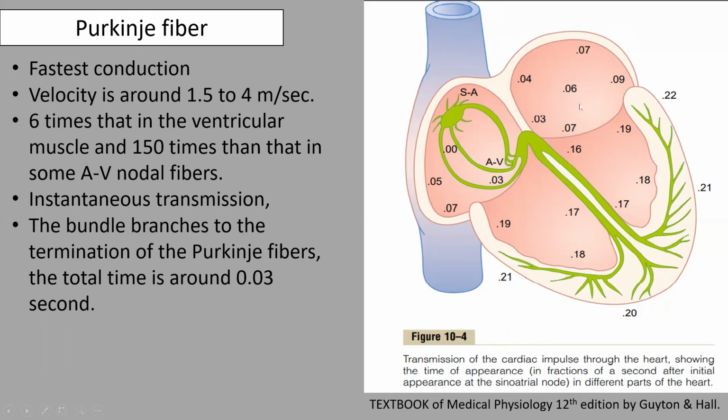Now, these are the several fractions of a second where the transmission takes place, up to the end portion of the Purkinje fiber. So it is almost 0.03 second. It is a very fast impulse moving all over the ventricle through the Purkinje fiber.